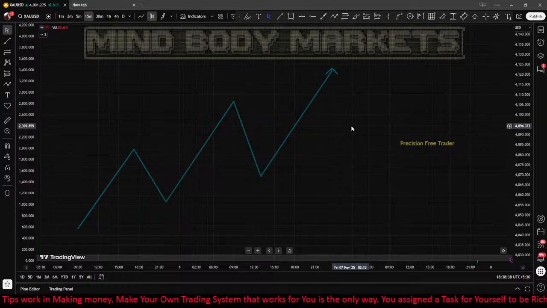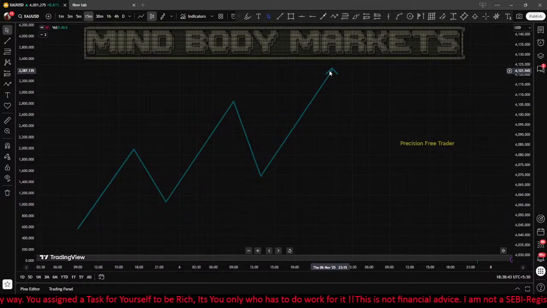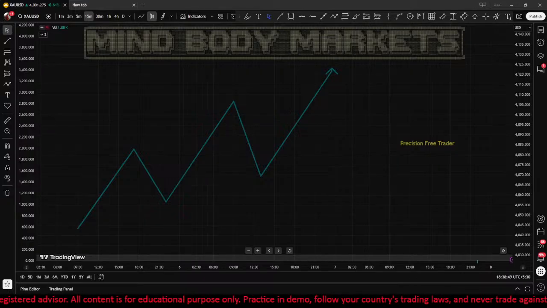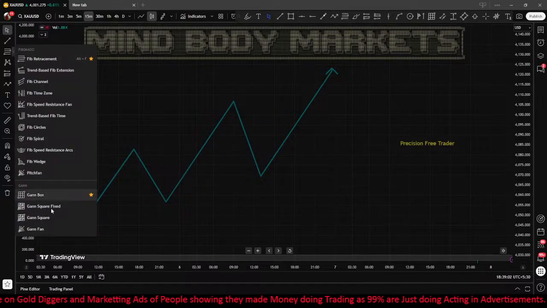But my intention is, if you are having this particular scenario, you need to be very careful about how you mark your Fibonacci, because the marking is an important thing. Now you can see that the Fibonacci tool will be available in here in TradingView, where you get all the tools and everything for drawing.